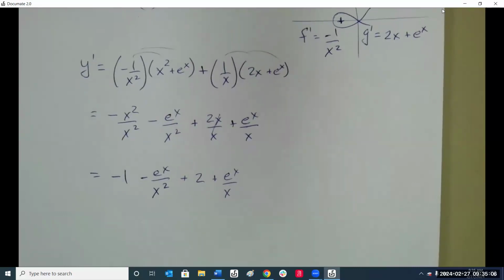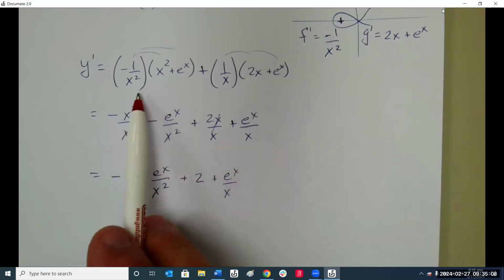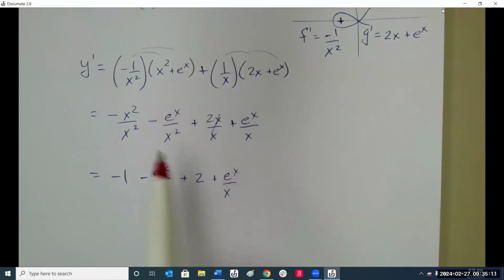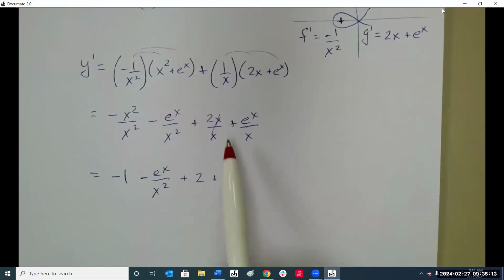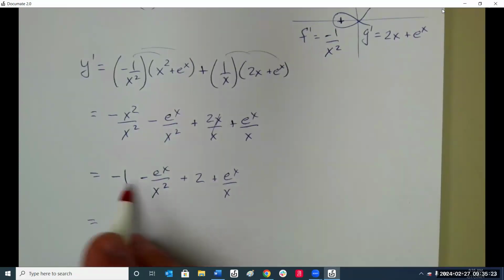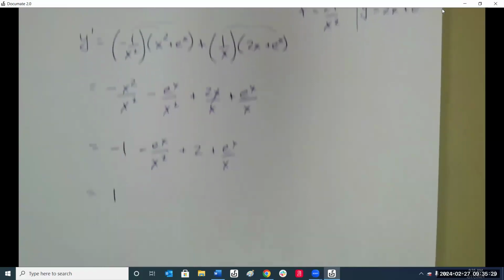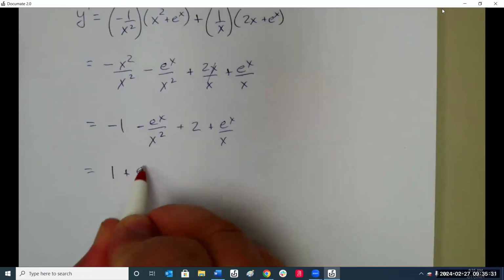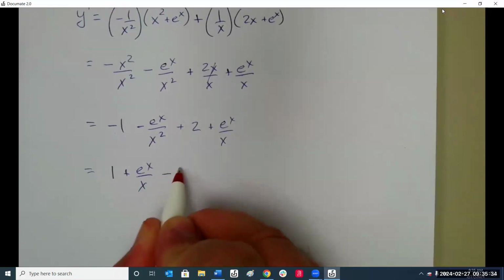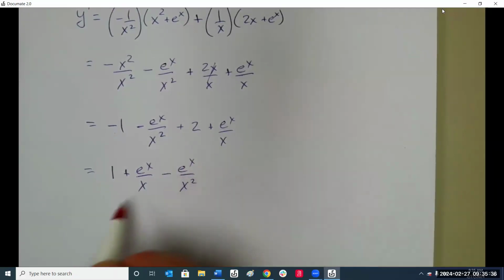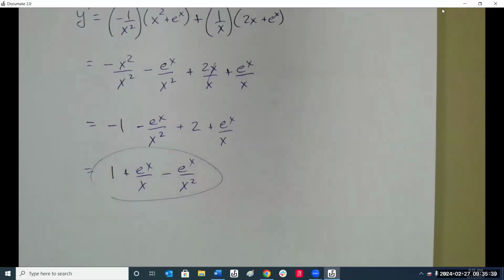Negative 1 plus 2 is 1. Then we have plus e to the x over x minus e to the x over x squared. Same thing we got last time.